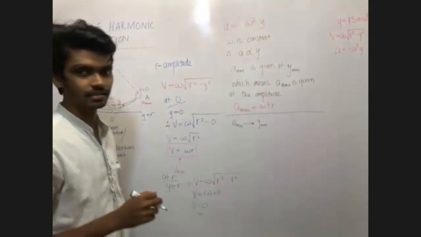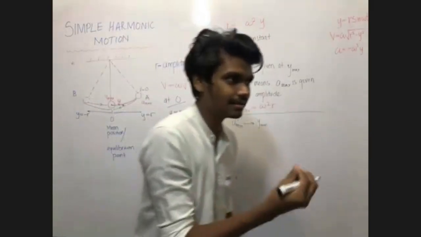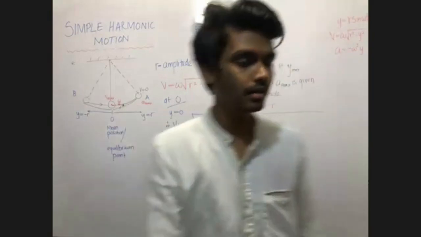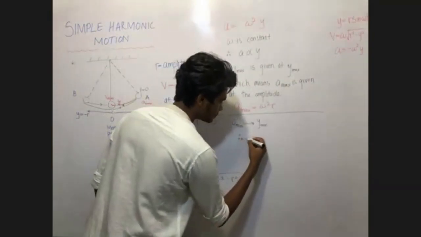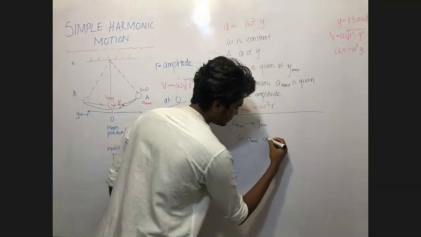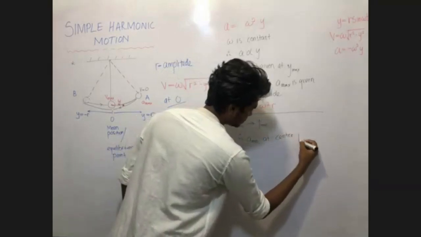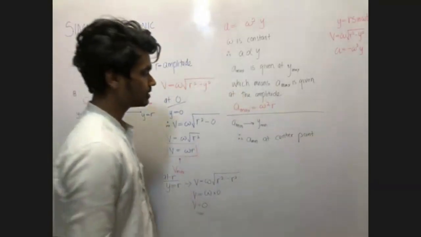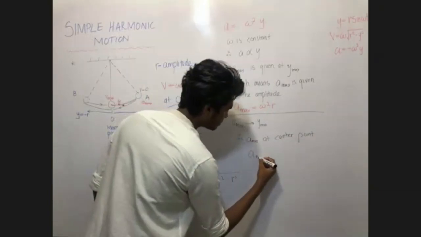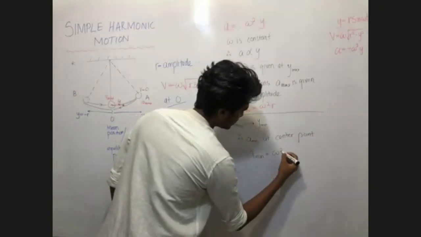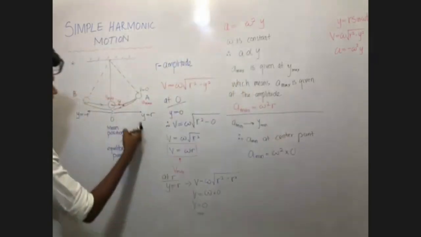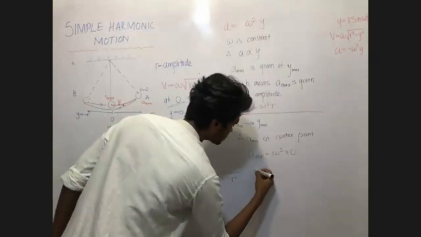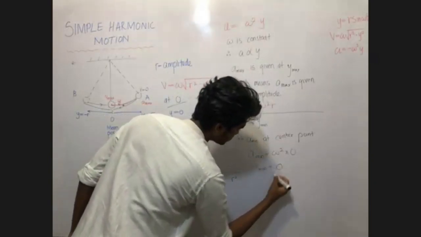So what is the minimum y? The minimum possible displacement is 0. Y equals 0. Therefore, A min at the center point, which means A min is omega squared into y, which is 0.